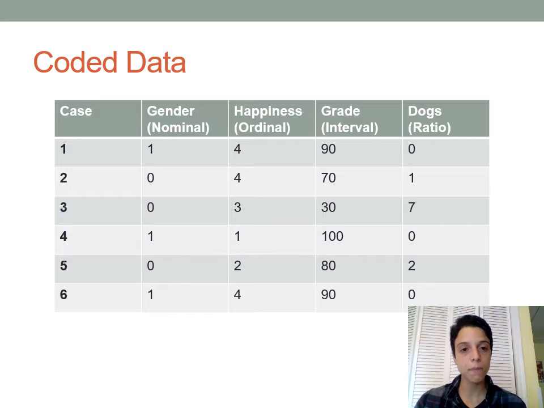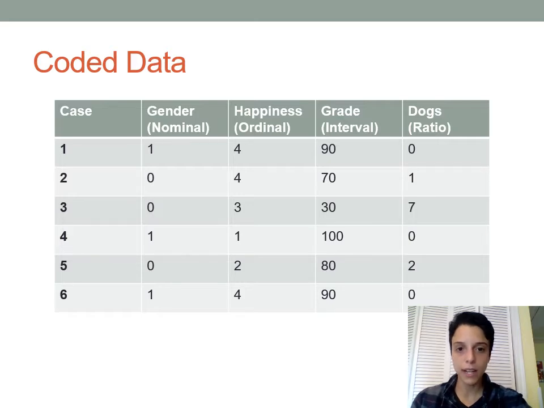You'd interpret this by saying that for case 1, our top row on this table, I forget how I coded on the last slide, but I think we have a gender of male. We have a very high level of happiness, so we have a 4 on our happiness scale from 1 to 4. We have an exam grade of 90, and we own 0 dogs.